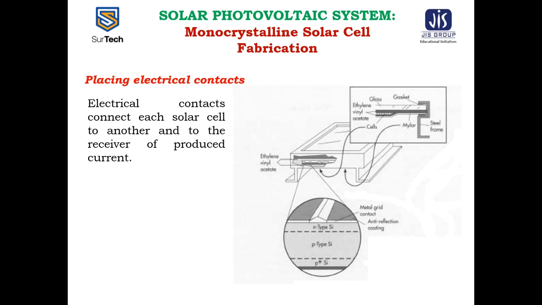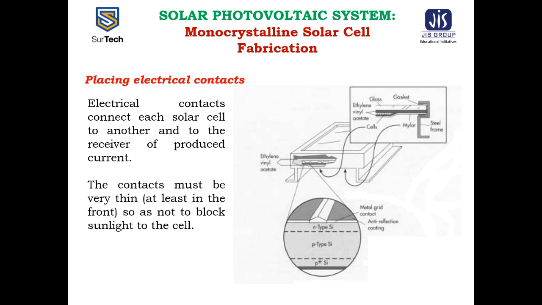Now, placing the electrical contacts to create the contacts of the photovoltaic cells. The electrical contacts connect each solar cell to another and to the receiver of the produced current. The contacts must be very thin, at least in the front, so as not to block the sunlight to the cell.